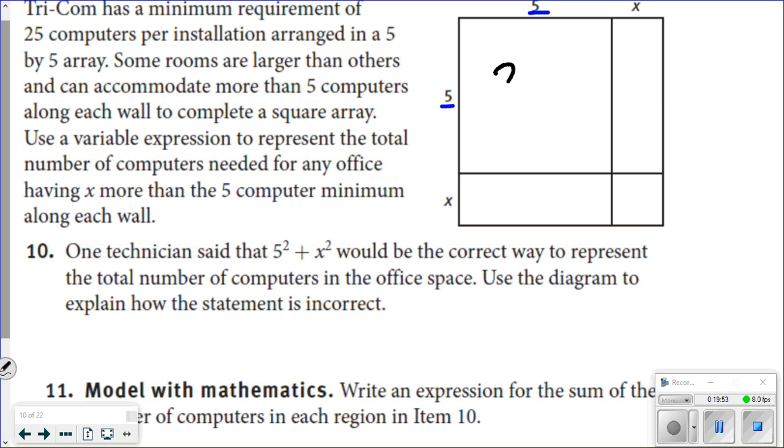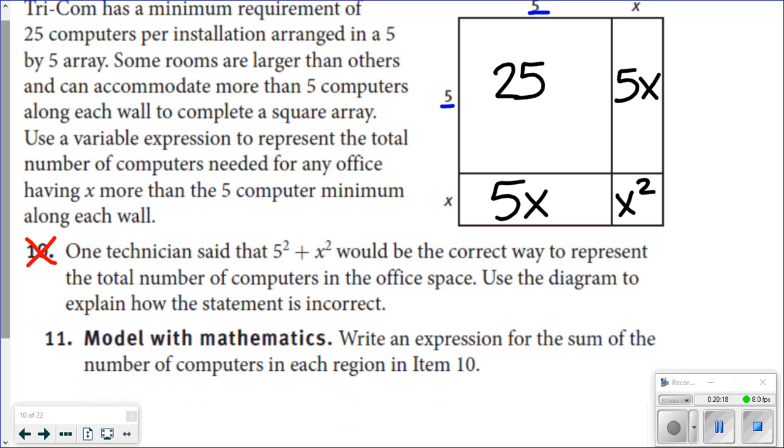Five times 5 is 25. 5 times x. 5 times x. x times x is x squared. So we are going to skip question 10 and jump straight to question 11.